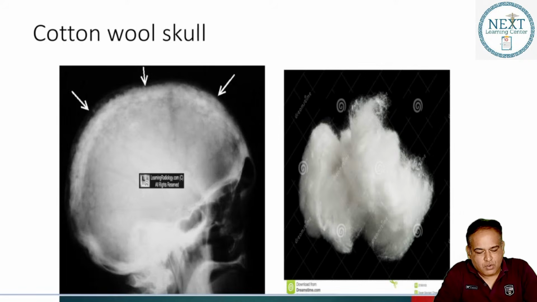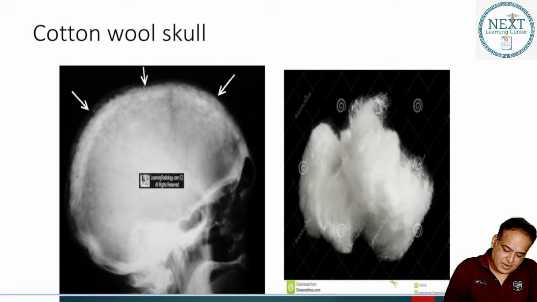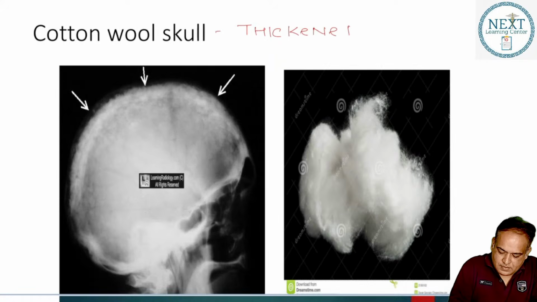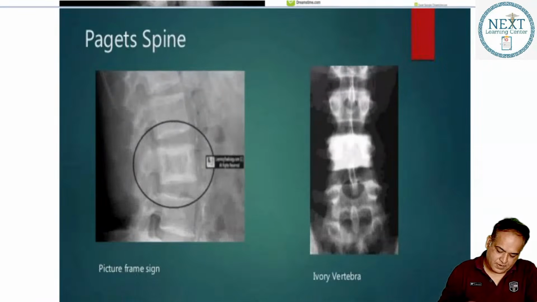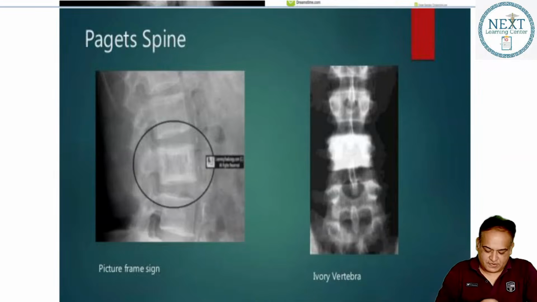Then we get to see cotton wool skull. What exactly is cotton wool skull? Cotton wool skull is thickened skull bones. Okay. Then what changes do we see in the spine?